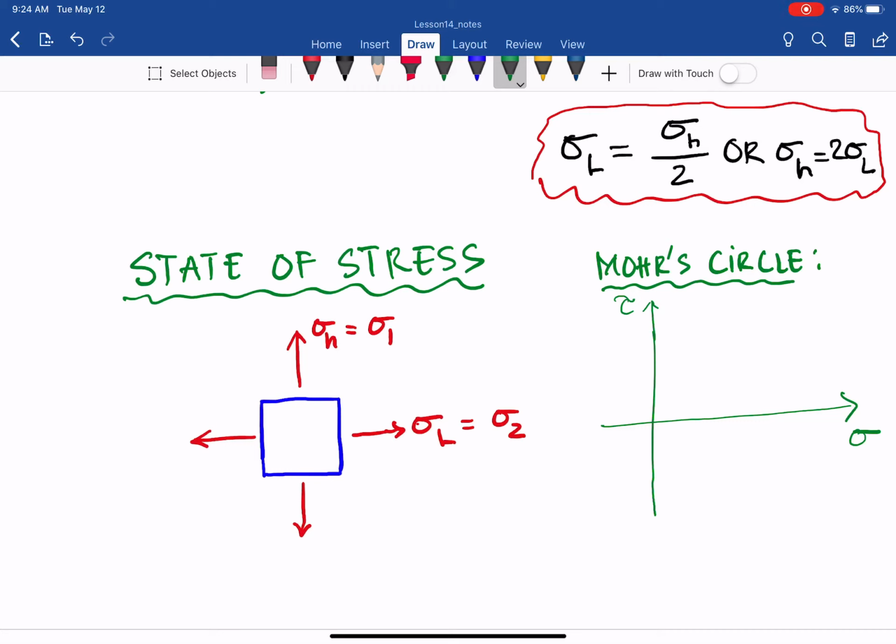So we can locate where sigma 1 and sigma 2 are. Sigma hoop is basically sigma 1, so that is the hoop stress, right?